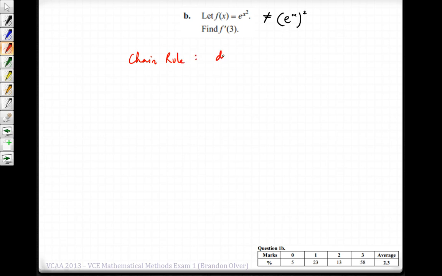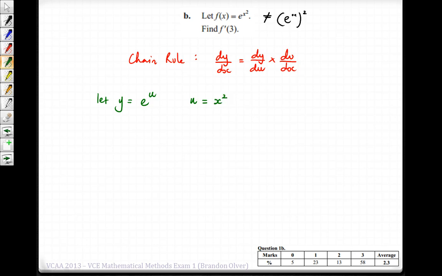And that states that dy dx equals dy du times du dx. In this case, we're going to let y equal e to the power of u, and therefore u equals x squared.